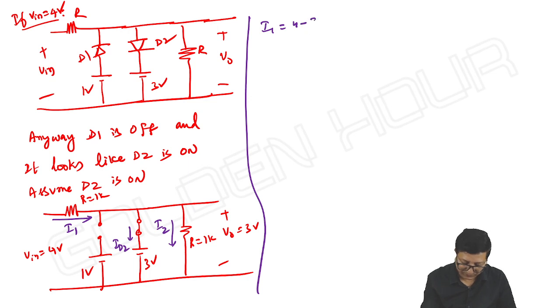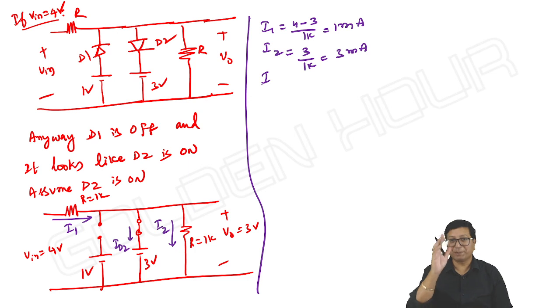4 minus 3 by 1K, it is 1 milliampere. And what about I2? V output by 1K, 3 by 1K, it is 3 milliampere. So what about ID2? Is it so? ID2 should be positive. If ID2 is positive and ID2 plus I2 is equal to I1, which is less than I2, is it possible?